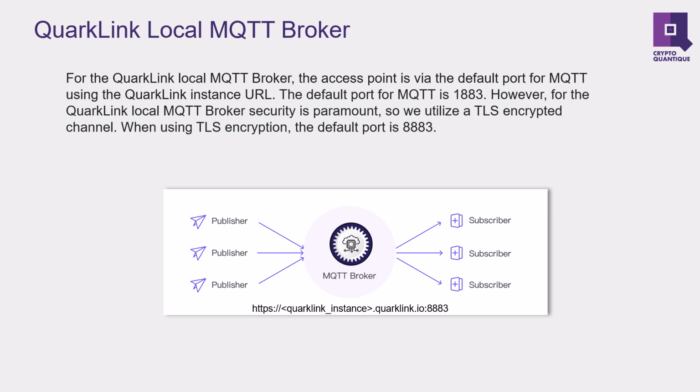Here on the diagram you can see that the access port for your local MQTT broker is HTTPS, then the QuarkLink instance name, which is in the URL for your QuarkLink, .quarklink.io, port 8883. Once connected, your device can publish and subscribe to topics via this URL and port.